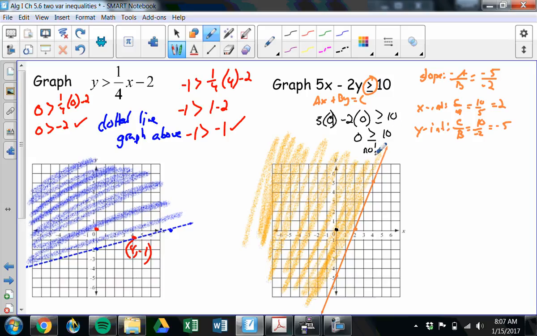So when I say that if you have a greater than, you should graph above, and if you have a less than, you should graph below, that only works if the y is by itself. Only works if y is by itself. So either you always get y by itself first, which most of you will do anyways because you like slope-intercept form, or you just have to check to see which side to shade.